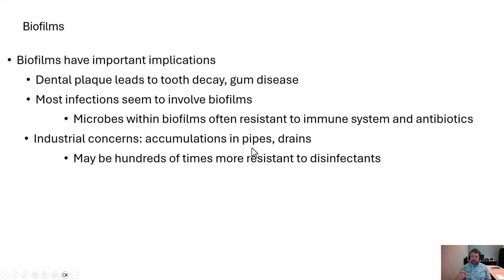They can degrade the seals of the pipe. So there's lots of things that are going on there. And it's not just pipes and drains and things like that. There's all kinds of things. Sidewalks and gutters and roofs and all kinds of industrial concerns around biofilms that happen on docks and all kinds of things.